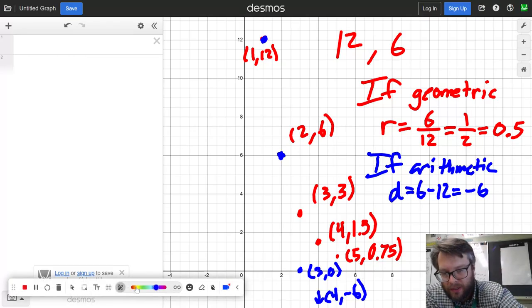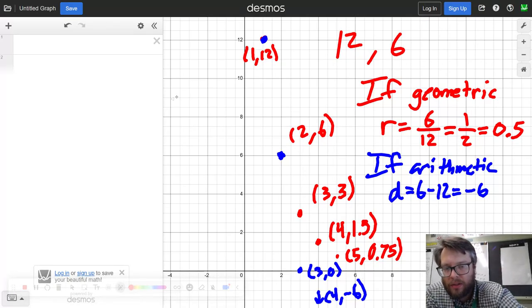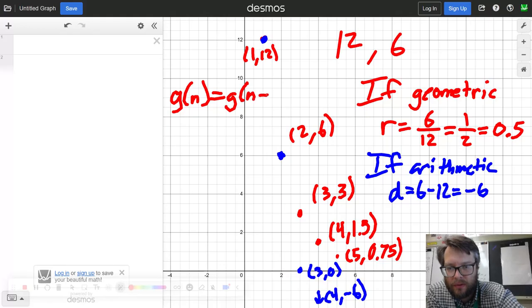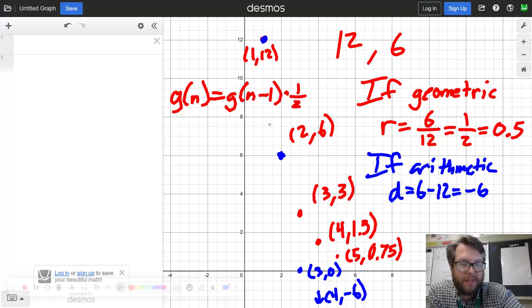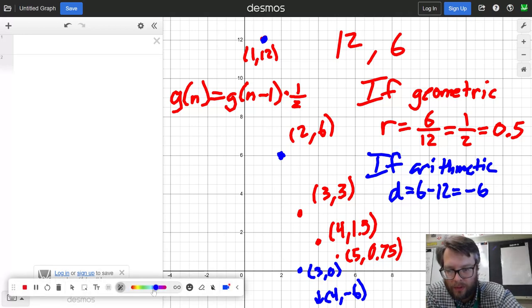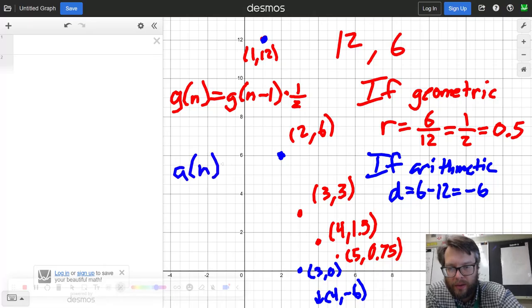So for my geometric pattern, the way I get the next term is I take the previous term and I multiply it by a half. Or I could say I divide it by 2. For my arithmetic pattern, the way I get my next term is I take my previous term and I subtract 6.